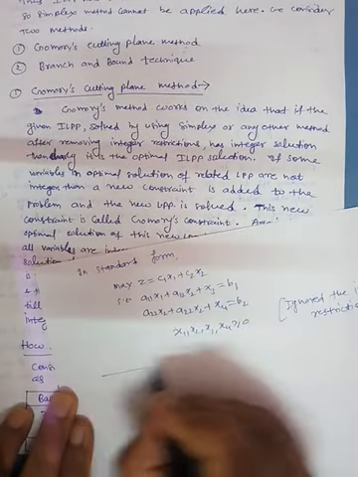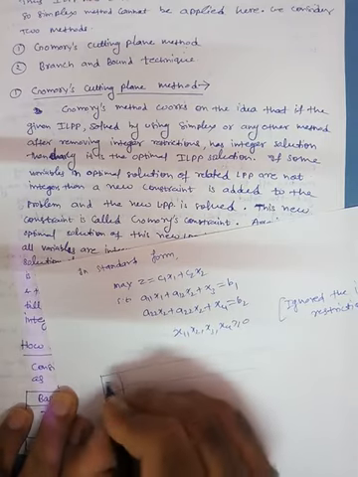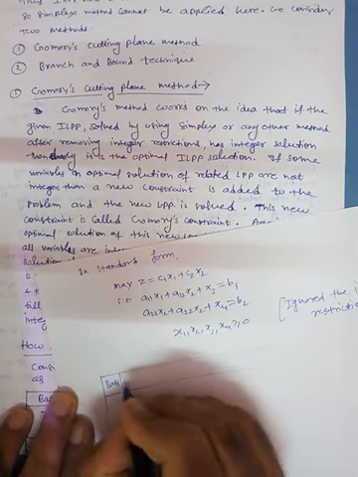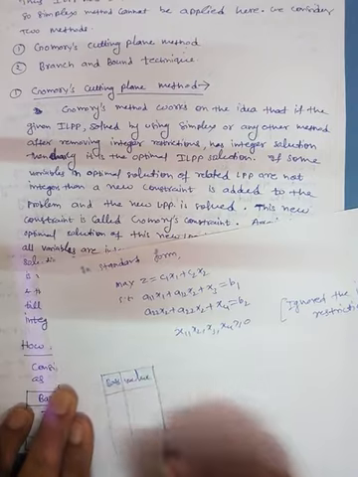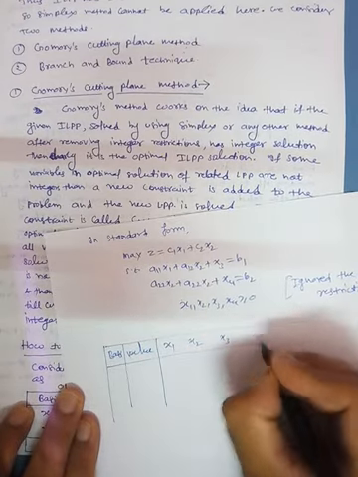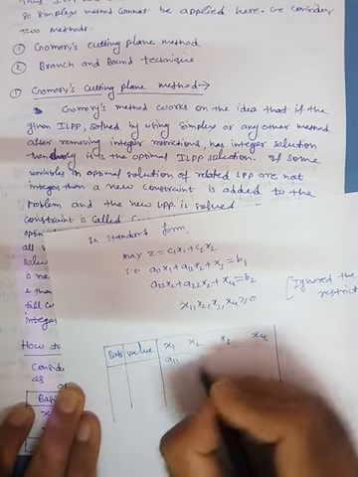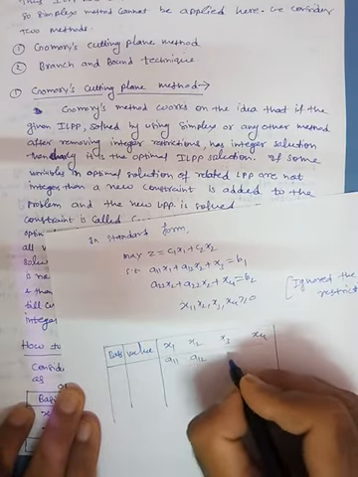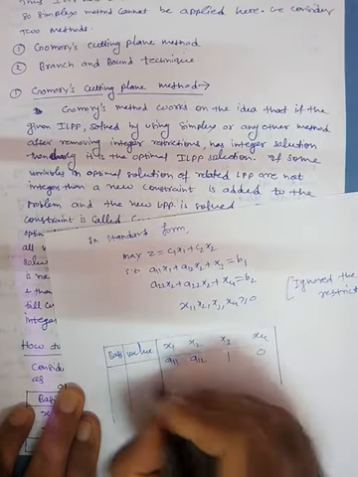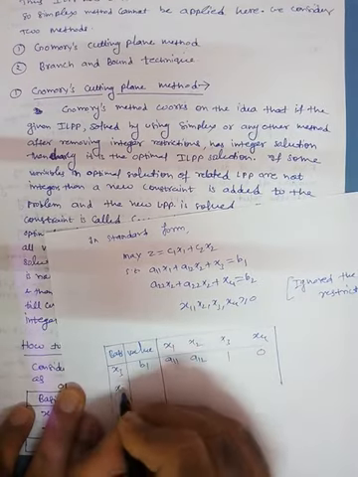So what will be the initial table? The initial table is this. This is the basis, then the value, then x1, x2, x3, x4. Here are a11, a12, then 1, 0, and the value is b1, the basis is x3 and x4.